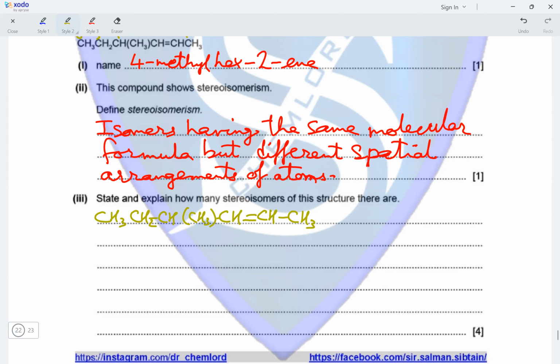In this structure, the double bond marked with the blue circle is capable of showing geometric isomerism, and the carbon atom marked with the red asterisk is capable of showing optical isomerism. So in total, we have two cis trans isomers present and two optical isomers present. So a total of four stereoisomers.